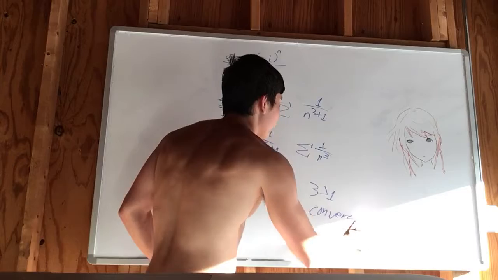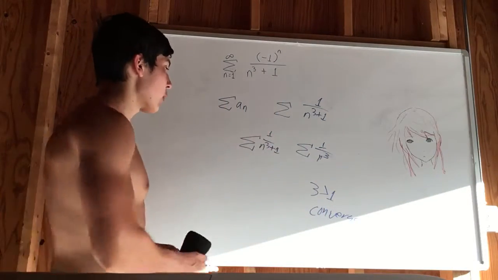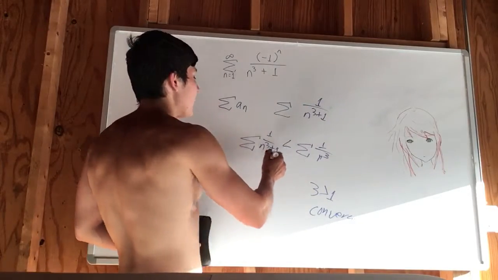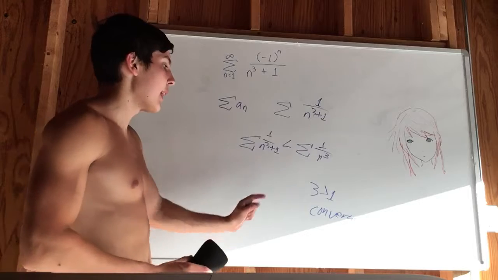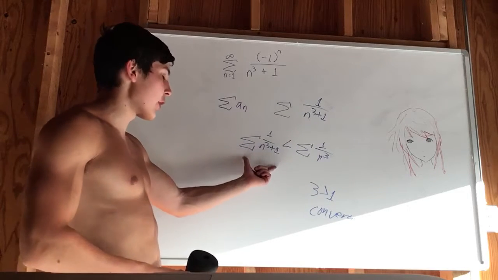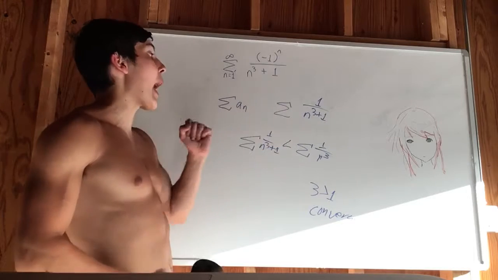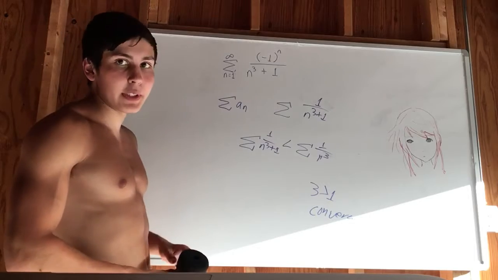So we know that. And since this one is less, because you have a greater denominator, this series is less than this one, so it must also converge. So since we've proved that this converges, and we're doing the absolute value test, then it absolutely converges.